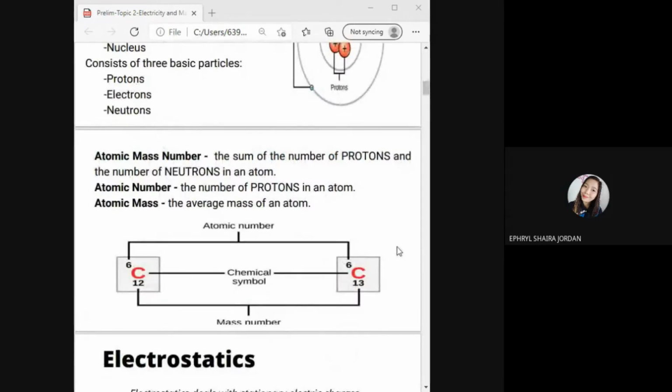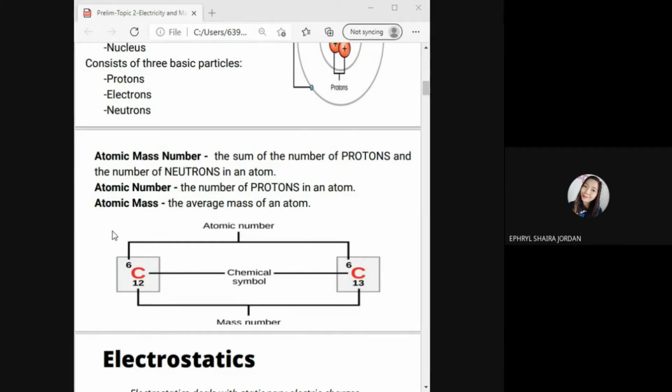Okay, we are going to tackle the difference between the atomic number and the atomic mass. So the atomic mass number is the sum of the number of protons and the number of neutrons in an atom.